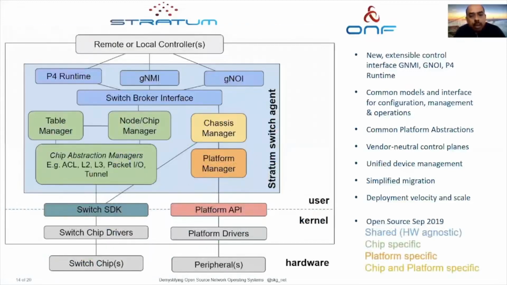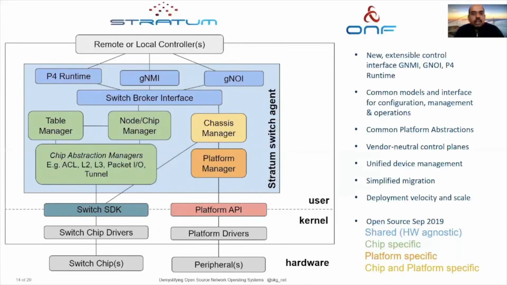Similar to OPX, it provides a platform and network abstraction along with a model-driven API. Unlike OPX, the API provided by Stratum can be controlled externally using the modern gRPC interface so that it can be used by the SDN controller.